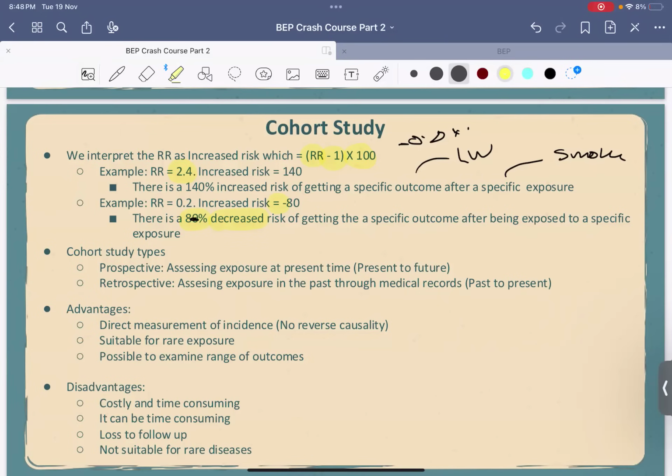For example, what is the chance of getting breast cancer for females if they were breastfed? People who were breastfed actually got less breast cancer. This is a negative association. So breastfeeding is protective for breast cancer, and so there's a decreased risk with this specific exposure to get the specific outcome.